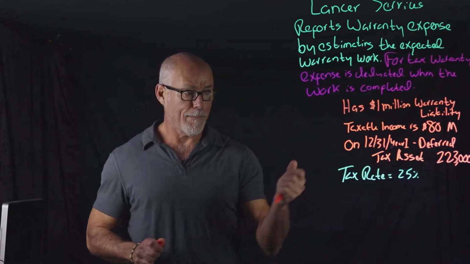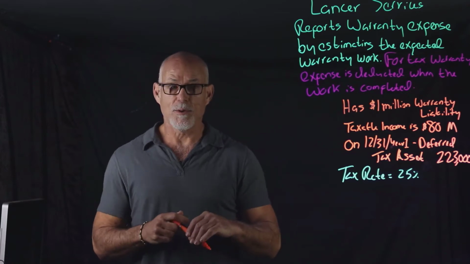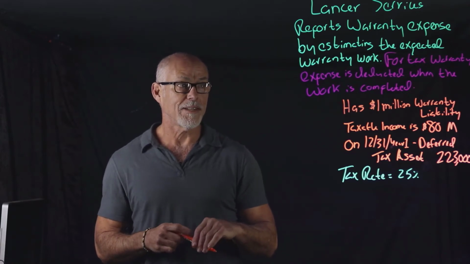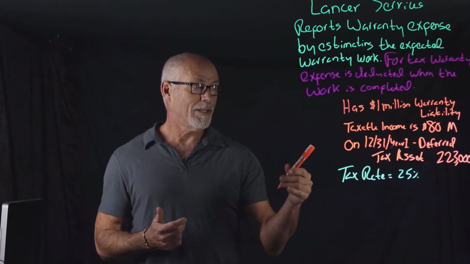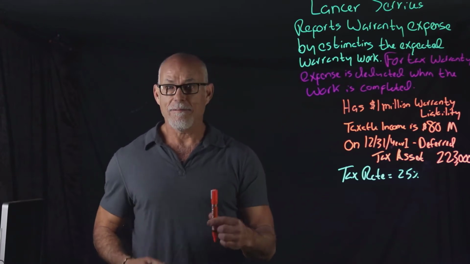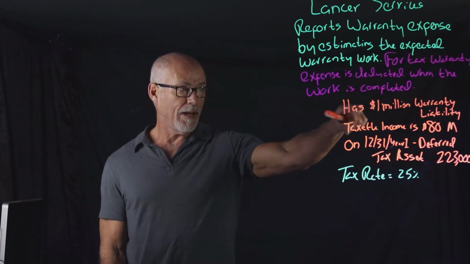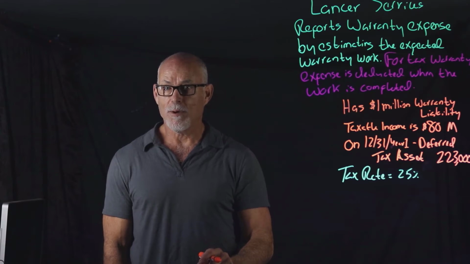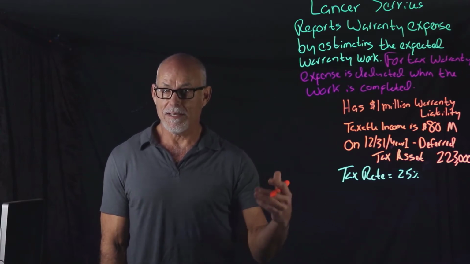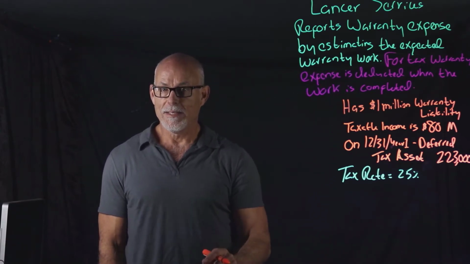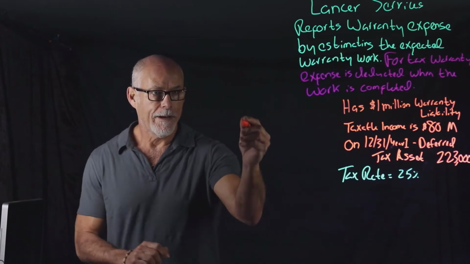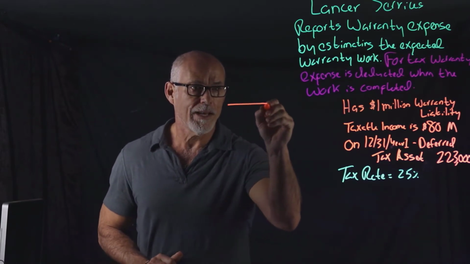All right, so let's get into it. Let's go ahead and figure out what that deferred tax asset is going to be. What it tells me is that I have a $1 million warranty liability, and the warranty liability is the difference in the timing between taxes and book. Let's go ahead and look at that.